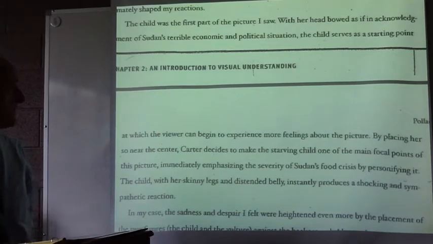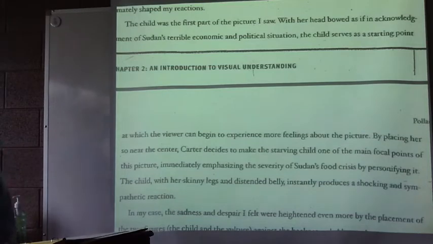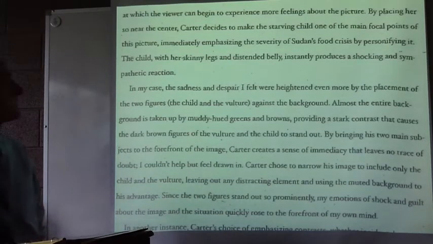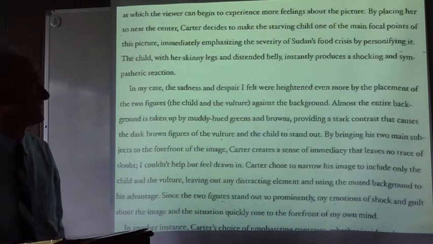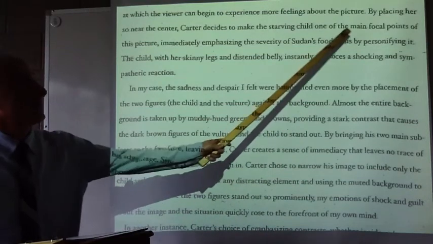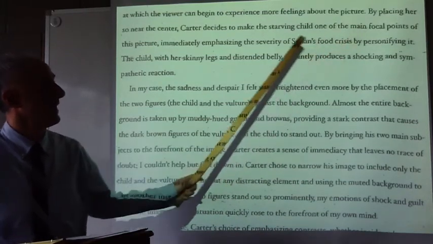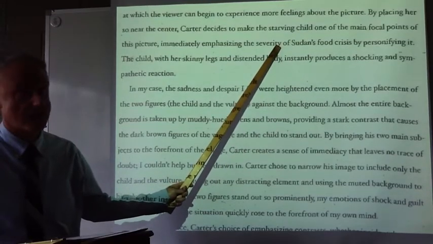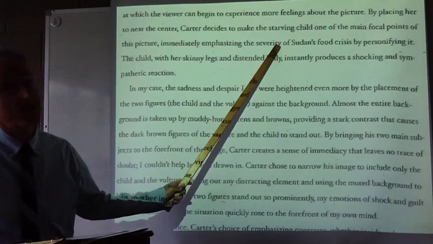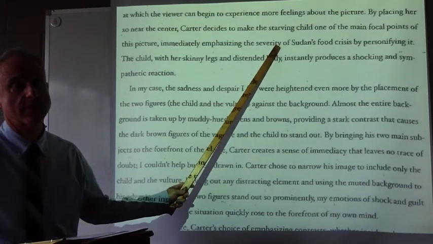By placing her so near the center, Carter decides to make the starving child one of the main focal points of this picture, immediately emphasizing the severity of Sudan's food crisis." So look at the choice of this focal point has this message attached to it. This focal point has this effect and purpose. It's still cause, effect, purpose, just like we were studying with techniques before.